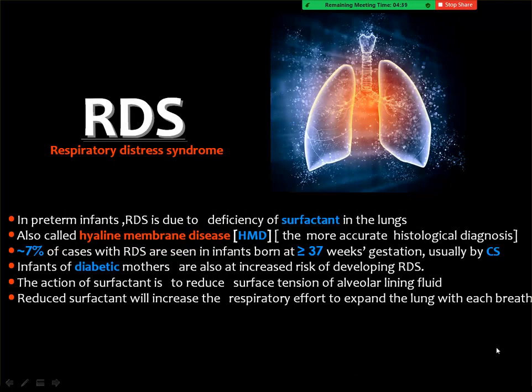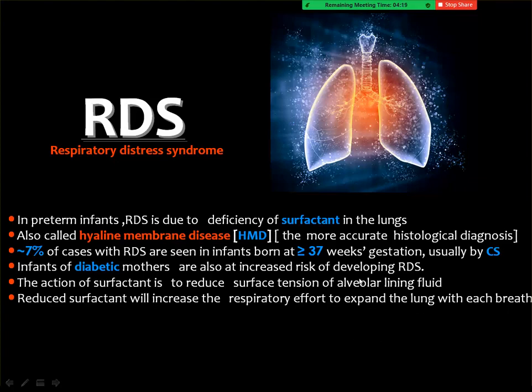And this disease is well known in the premature infants, and the literature considers hyaline membrane disease more accurate than respiratory distress syndrome, and it is seen in infants of diabetic mothers.